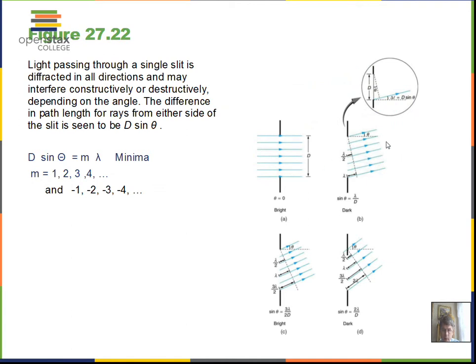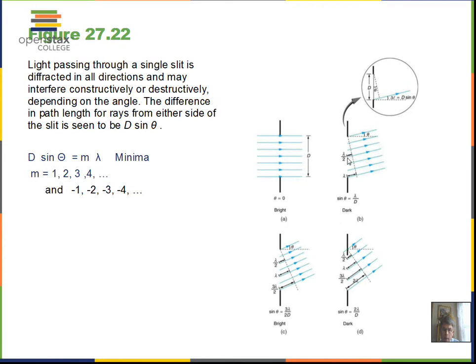When we go off center, I would prefer to talk about this drawing up here. Let's take a ray from the very top of the opening and a ray in the middle. Let that energy go out to the screen. That's a long way away. These lines will meet out at the screen. Say you have a peak at the opening here.